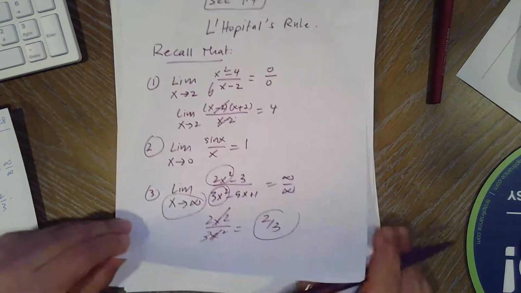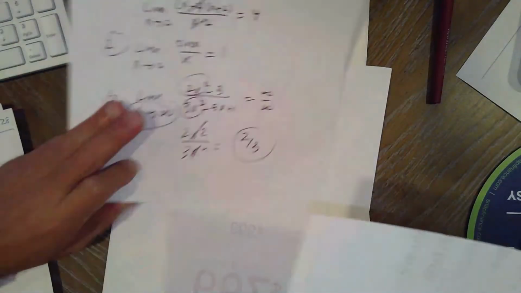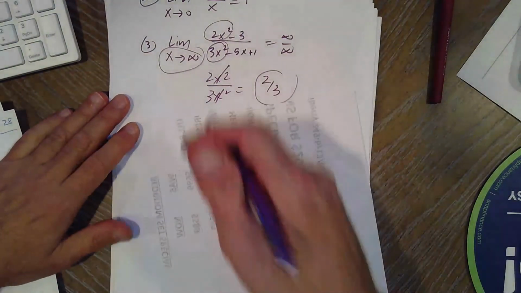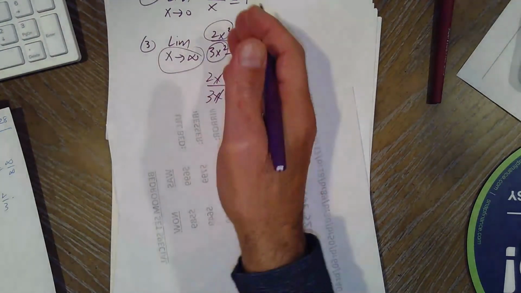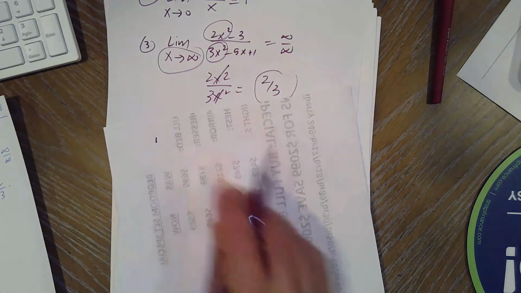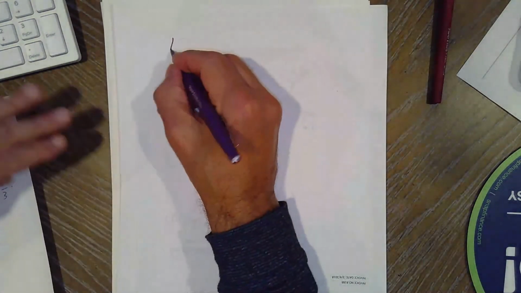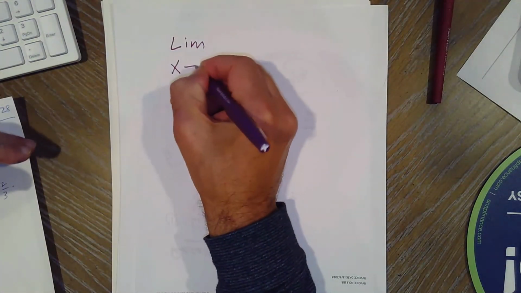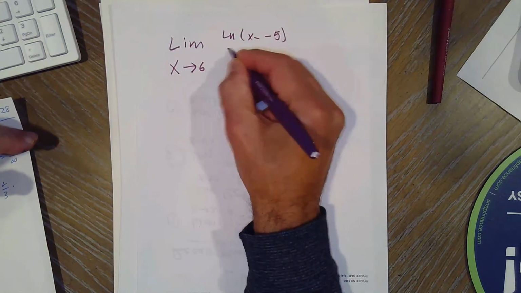Okay. What about if we have an indeterminate form like 0 over 0 or infinity over infinity, and it's none of these where we could factor or rationalize or cancel things out? What about something like the limit as x goes to 6 of ln of x minus 5 over x minus 6?